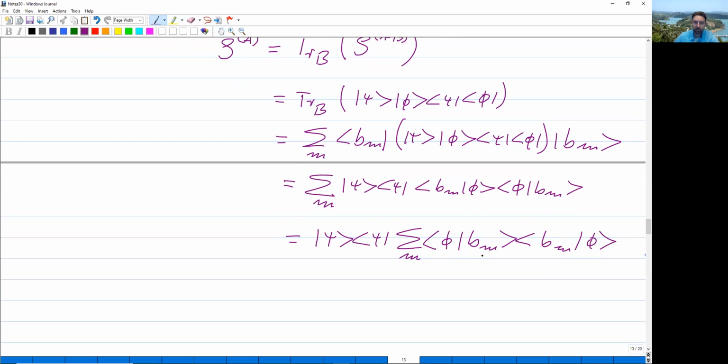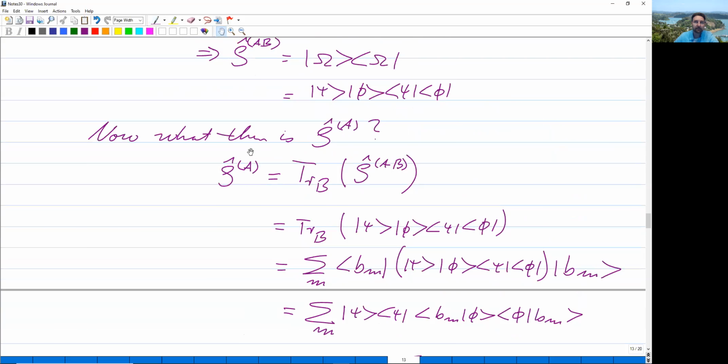And that's, of course, a resolution of the identity. So therefore, this is equal to ⟨phi|phi⟩, which is equal to 1. So therefore, this is ⟨psi|psi⟩. So we calculated that the state of system A is actually what one might have expected.